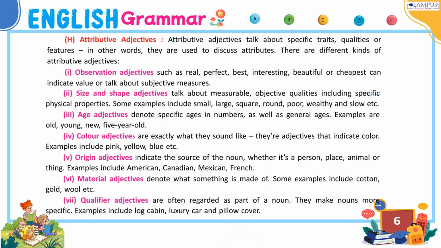Second, size and shape adjectives talk about measurable, objective qualities including specific physical properties. Some examples include small, large, square, round, poor, wealthy, slow etc. Third, age adjectives denote specific ages in numbers, as well as general ages.